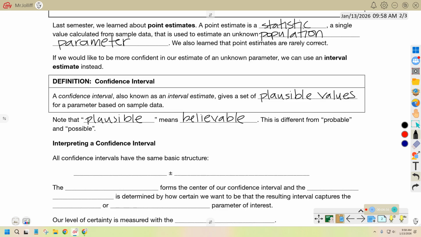Yeah, the tallest is about what, 8 or 9 feet ever recorded, right? So possible is different from plausible, right? Our mean height could be anything between that min and max, but it's not likely to be. And it's definitely not believable that I'd have a mean that's that low or that high. So plausible is very different than probable or possible. We need to be specific with our words.